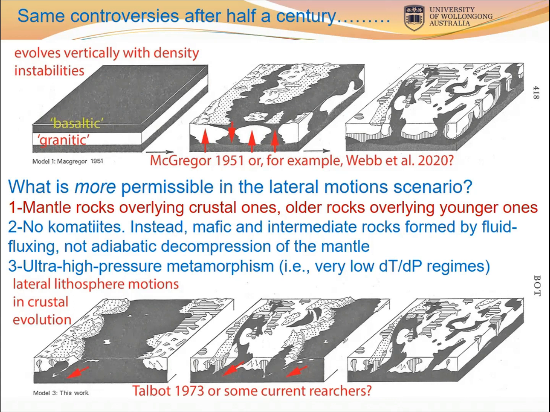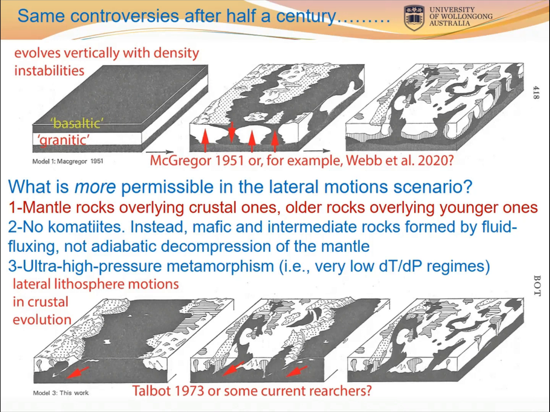If you look at the different sorts of models, I've taken here two lots of block diagrams from a 1973 paper. There's the vertical tectonic one at the top, which could be McGregor 1951, or for example Webb et al. 2020, or some form of lateral lithosphere movement with subduction, which could be Talbot 1973, or some current researchers.